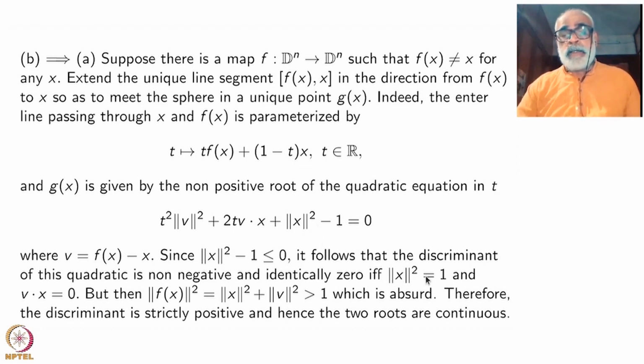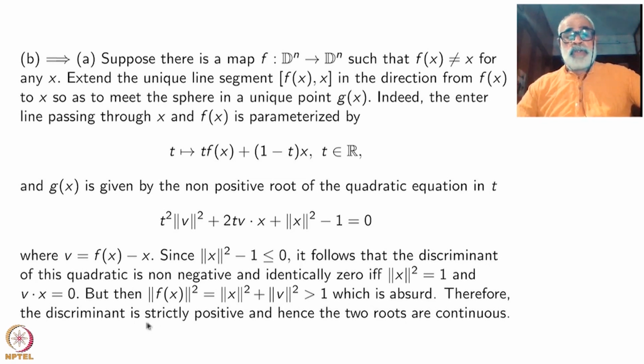Not only that, the discriminant being 0 means the other coefficient, v dot x, must also be 0. v dot x is 0 means what? x and v are perpendicular to each other. So therefore, what happens is norm of fx square will become norm of x square plus norm of v square, which is bigger than 1, which is absurd. All right.